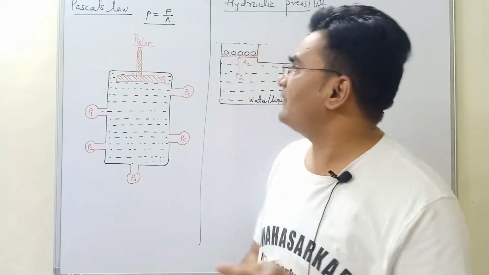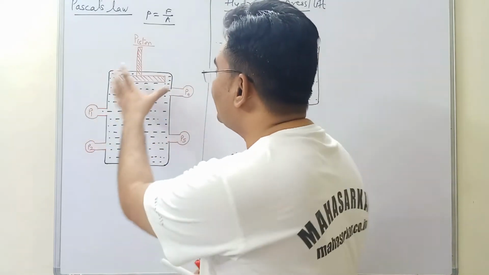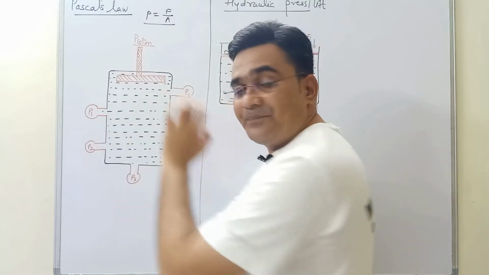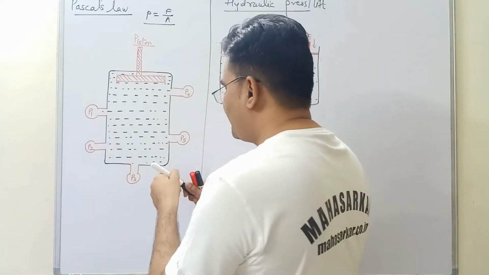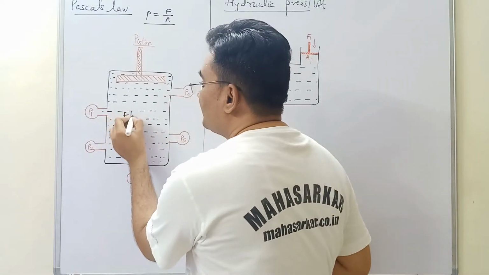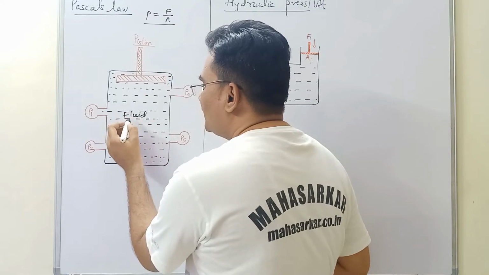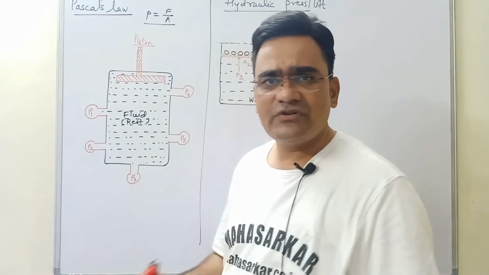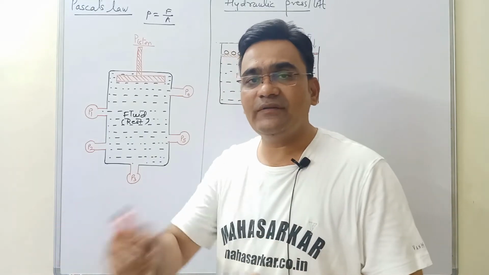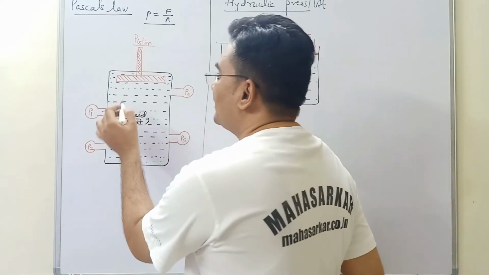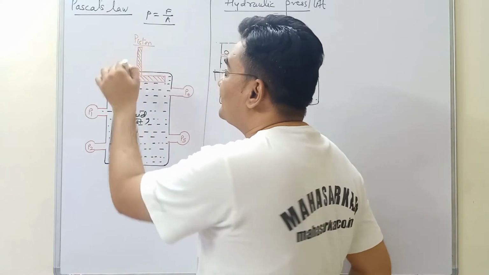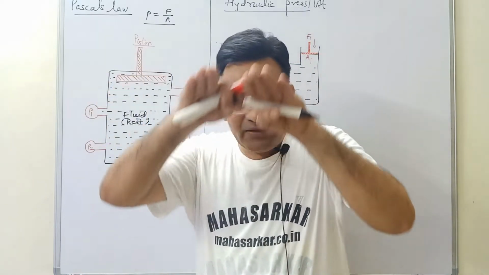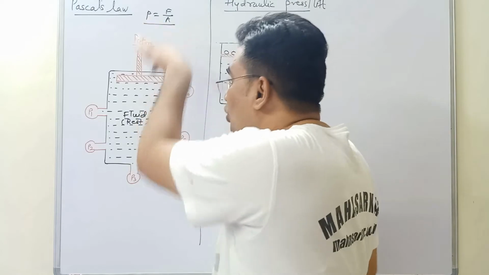So what is Pascal's law? To understand that, imagine that I have one container in which fluid is filled, and that fluid is at rest. Rest means no movement of the fluid inside the container. Now I have one piston, and I can apply force to the piston so that it can go down.